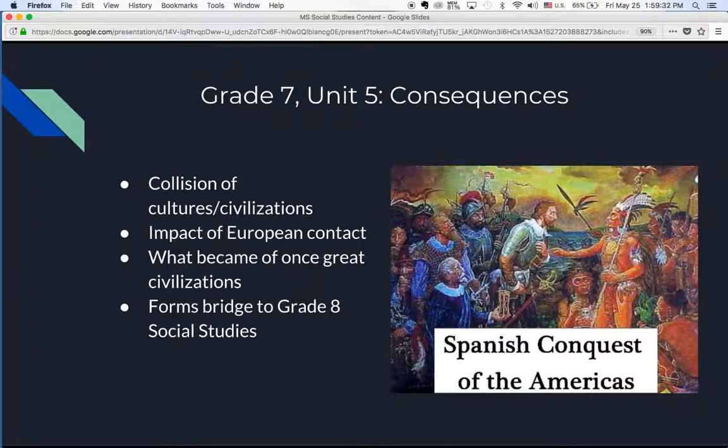The fifth unit we call consequences. And so, where the third unit leaves off with the civilizations of the Americas, focusing on pre-Columbian history, Unit 5 focuses on those same civilizations when they encountered Europeans. There was for sure a collision of these cultures, and many of these new intruders were not looking for collaboration but for conquest.